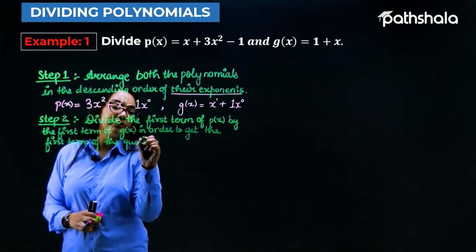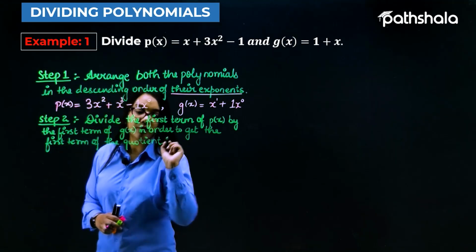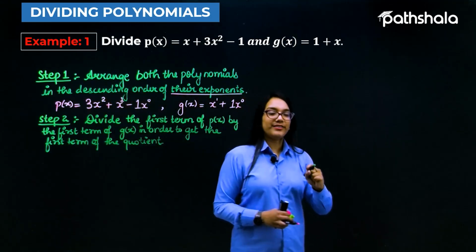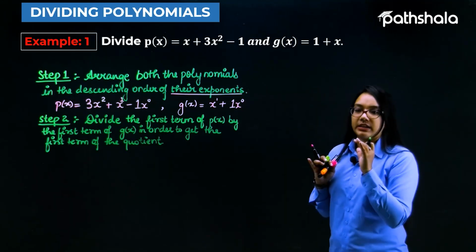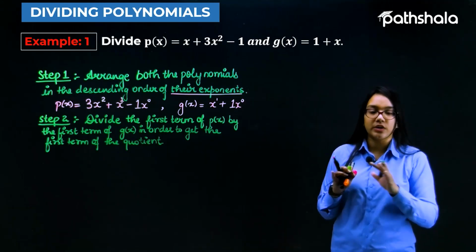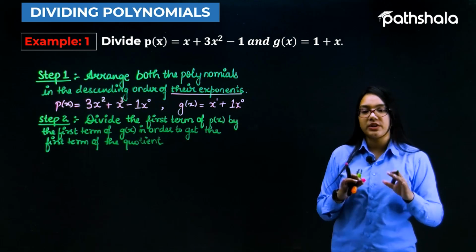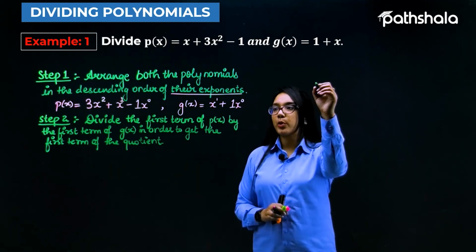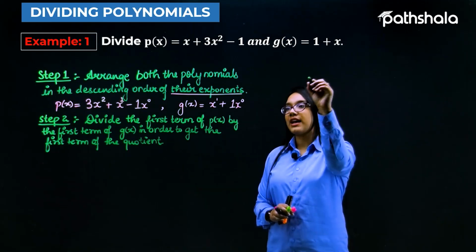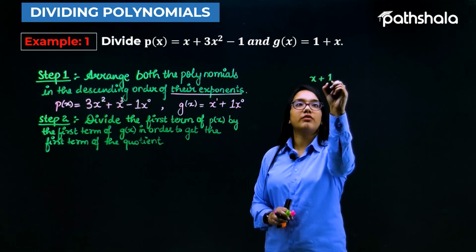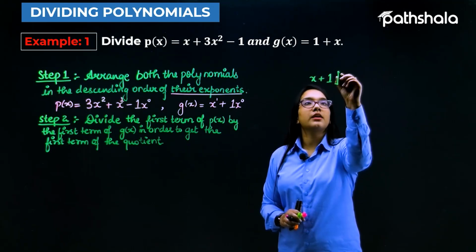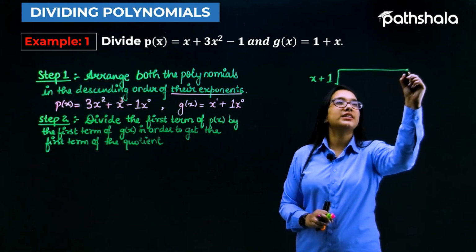What is the meaning of this step? Let us suppose I am representing it in the form of division, dividing p(x) by g(x). So I am writing g(x), x plus 1, as the divisor.